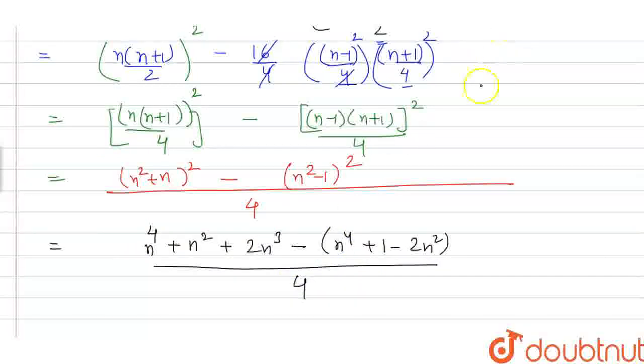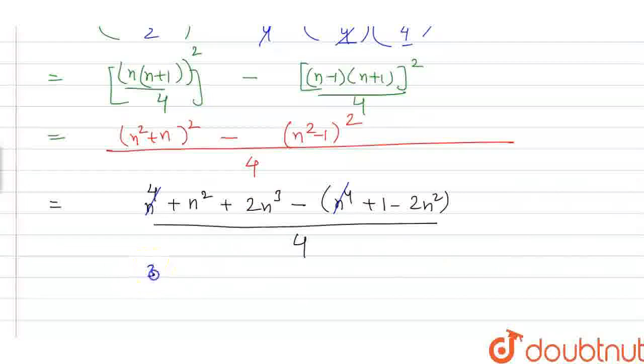So the value of this expression is obtained as, now we need to cancel this n raised to the power 4, this is plus 2n square, this is plus n square, so that is equal to plus 3n square, right? And this is plus 2n cube, and this is minus 1, and this should be divided by 4.